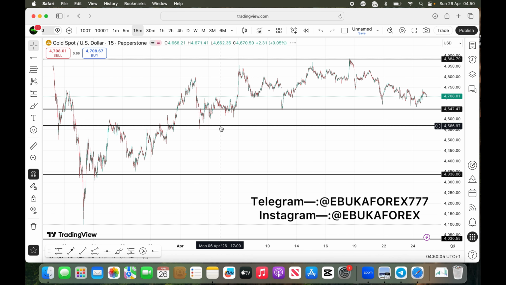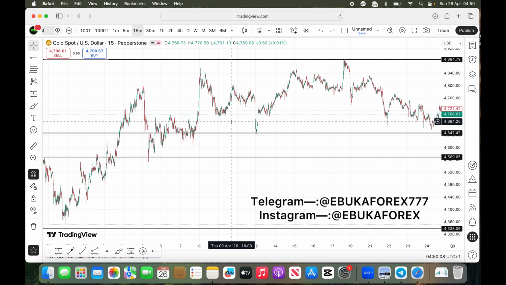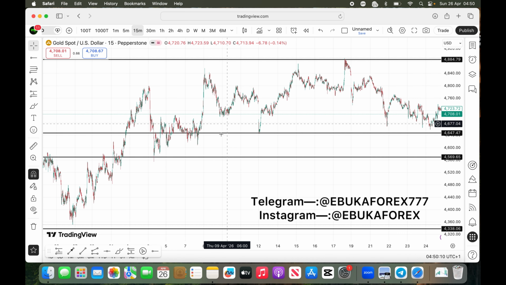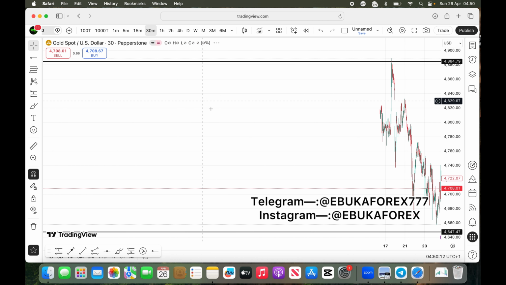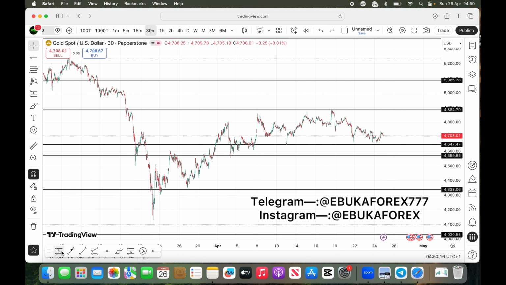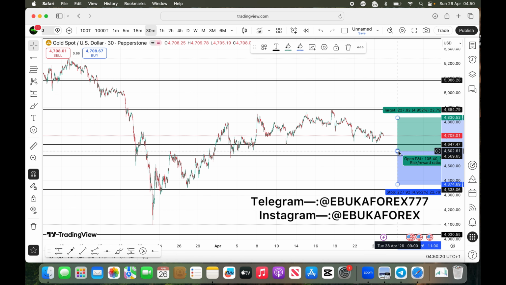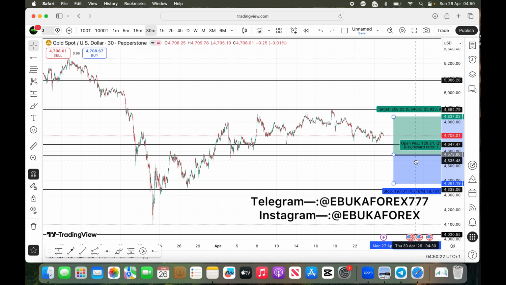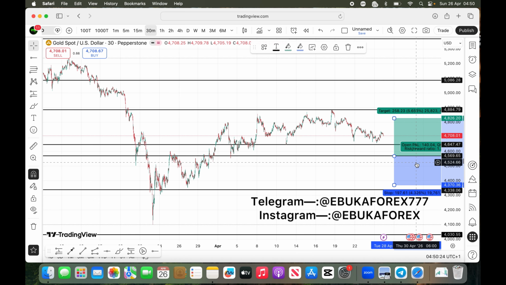You see here on the 15 minute time frame, this is Pepperstone, so it's not reliable. So look at the 30 minutes time frame. You see we have all our market structure here, and it's very clean. You can see all of that. So what we're gonna do is we need to see what will happen during the market open.